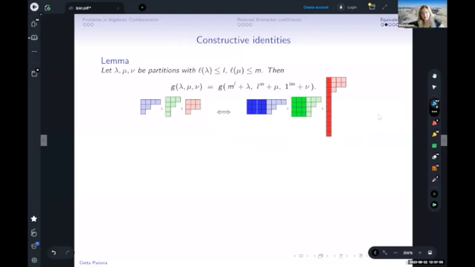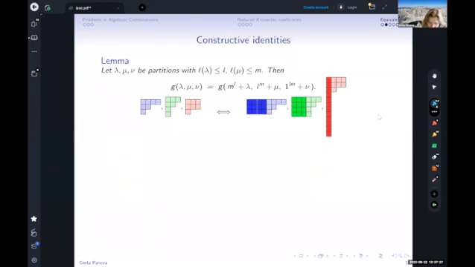Okay, so first, maybe this is going to answer why the symmetry disappeared. First identity, which from representation theory, from the general linear group side, is quite easy to prove, but also from Schur functions.